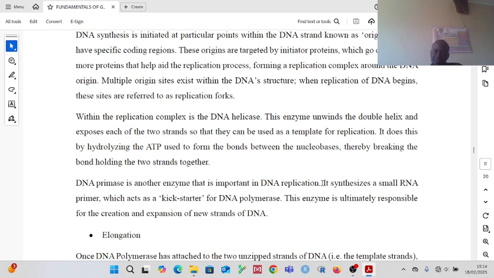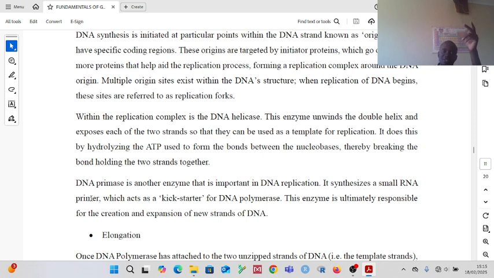Then after that, another enzyme, the primase, is another important enzyme in this process. It comes in to create an RNA primer. It is the RNA primer that will have the free 3' hydroxyl group where elongation can begin.